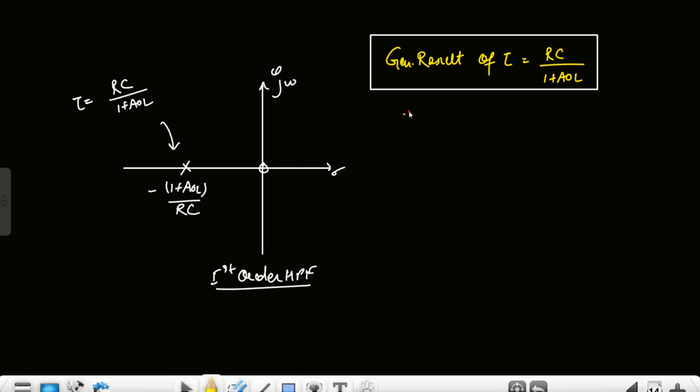And from here we can see that if AOL is infinite, meaning the op-amp is ideal, the time constant will be 0 seconds. So we can say it does not exist because it does not have a finite value.